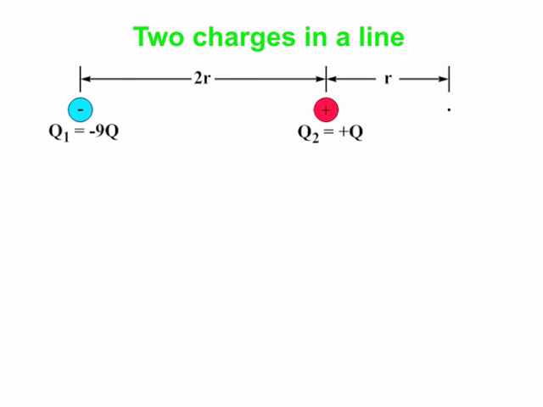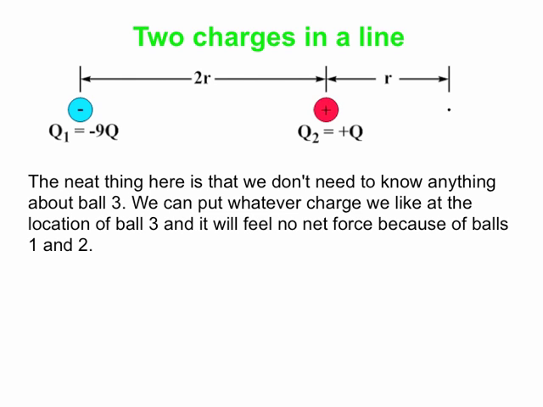Let's have another look at this. The neat thing is, remember the Q3 canceled out of our equation when we did the force analysis. So we don't need to know anything about ball 3 aside from where it is. The charge on ball number 3 could be absolutely anything, and the net force on that ball would be 0.